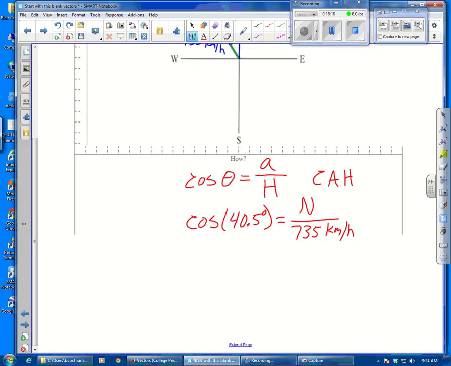Now I need to solve for N, so I'm going to bring the 735 kilometers an hour over to the other side by multiplying it to both sides. So I end up with 735 kilometers per hour times cosine of 40.5 degrees equals N.